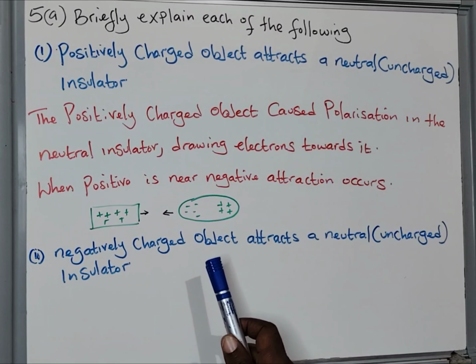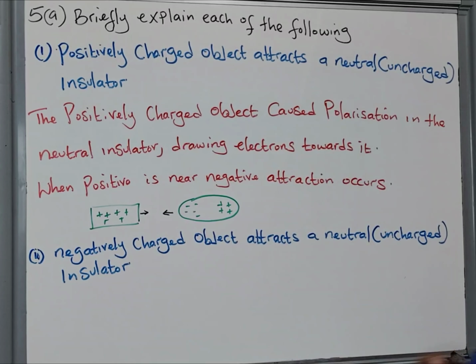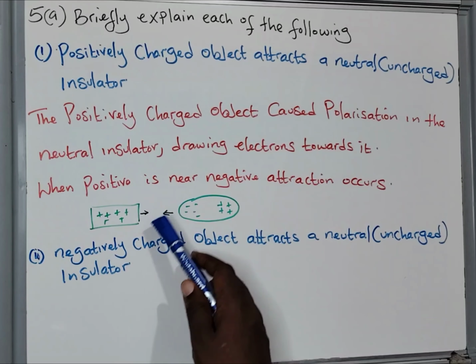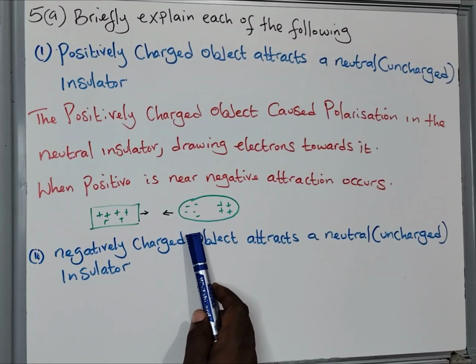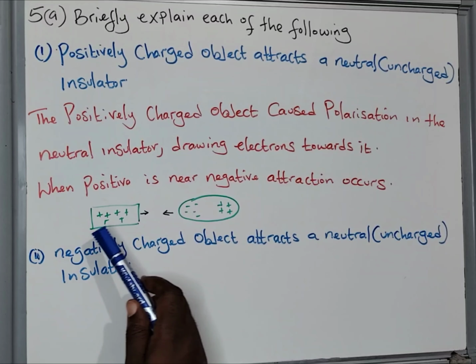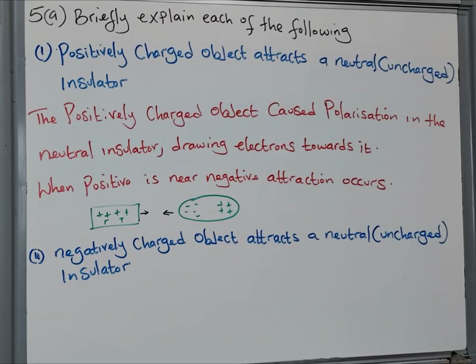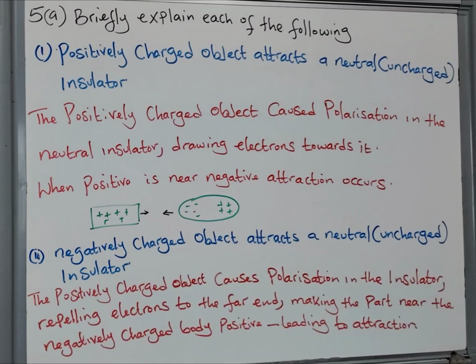What happens is that electrons are repelled away from the insulator. So when electrons are repelled away, the part next to the object becomes positive. And when a positive is near negative, attraction occurs. So that is that.